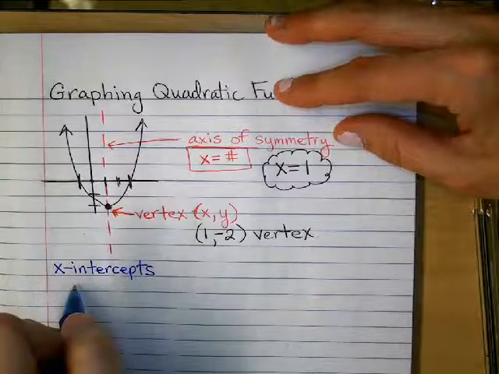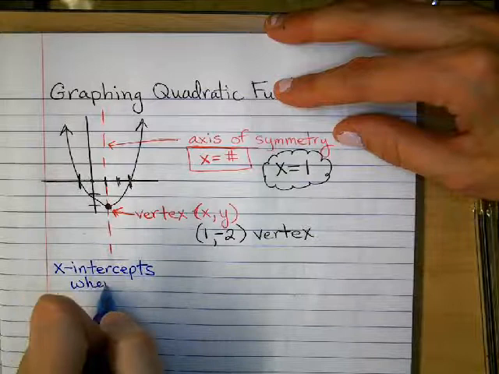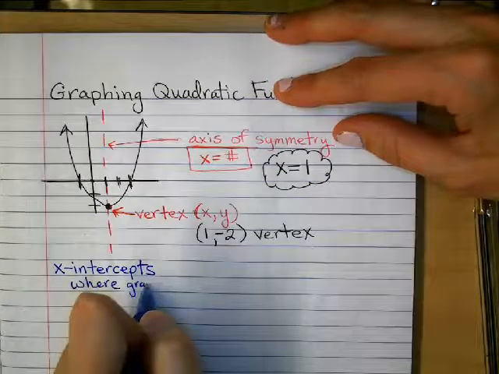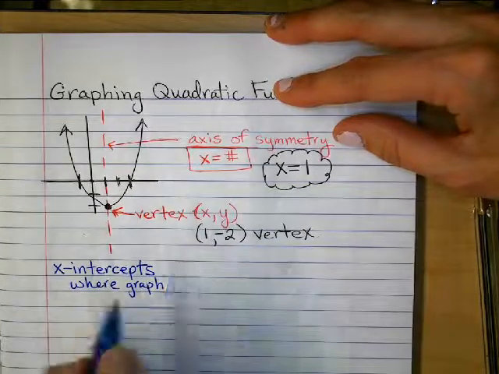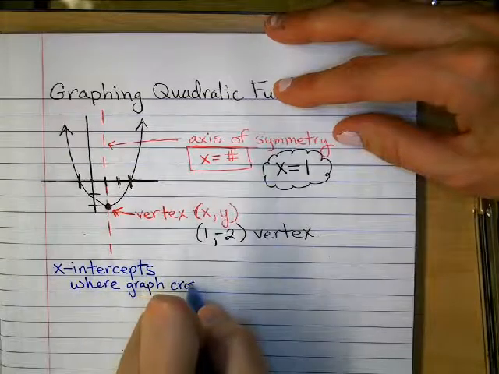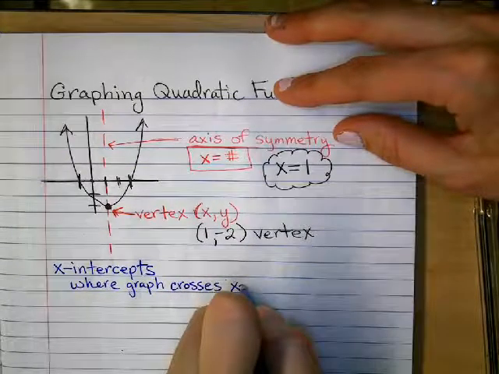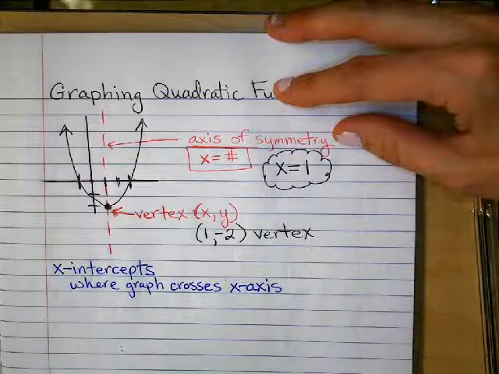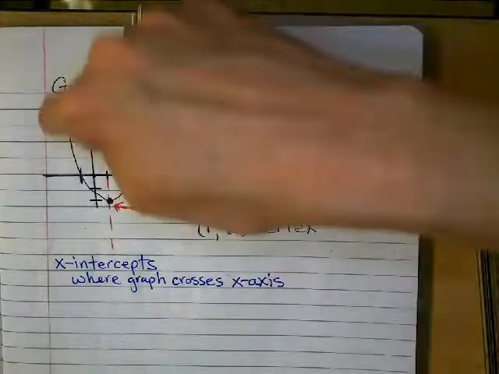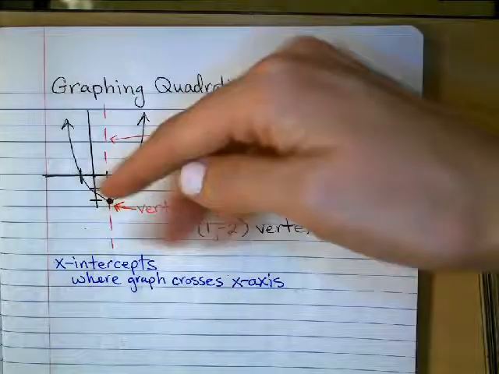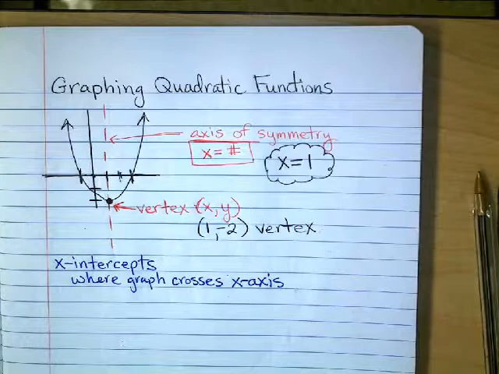The x-intercept is where the graph hits or crosses the axis. That's what an x-intercept is. I made the parabola in black. Doesn't it hit the axis a couple times?